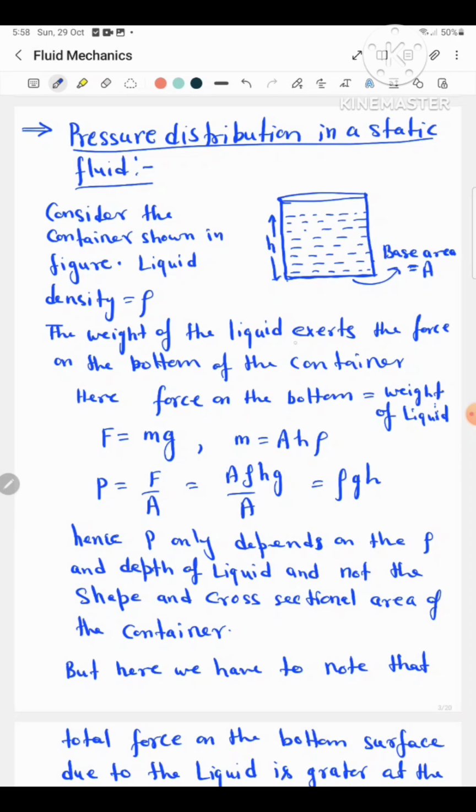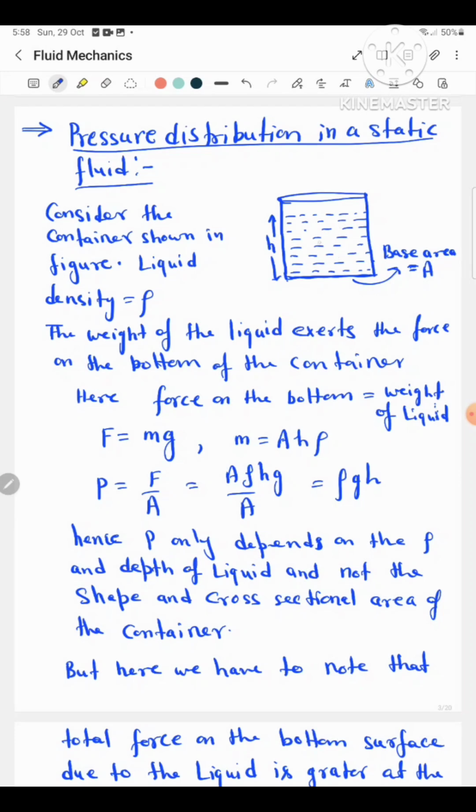The weight of the liquid exerts a force on the bottom of the container. Here the only force acting on the bottom of the container is the weight of the liquid filled in the container. What will be the weight of the liquid?